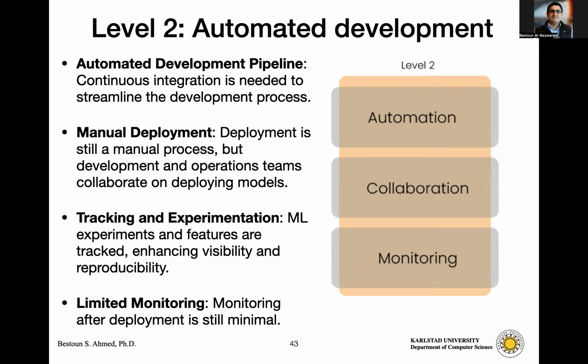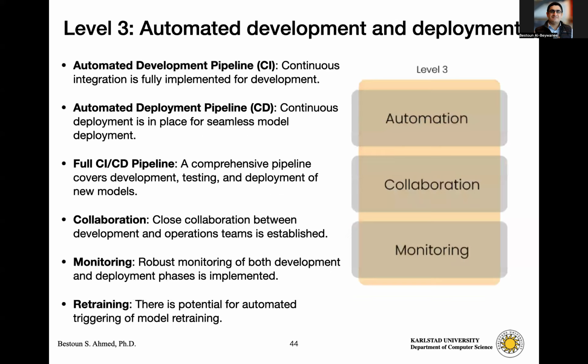When you have the model, then you send the model to the deployment guys, as we said before, by email or by flash memory and so on. But there is some tracking of the system and you get the data, but it's not connected. The development and the deployment are not connected together. But you have limited monitoring also.